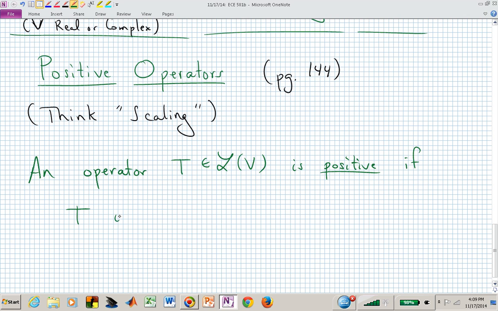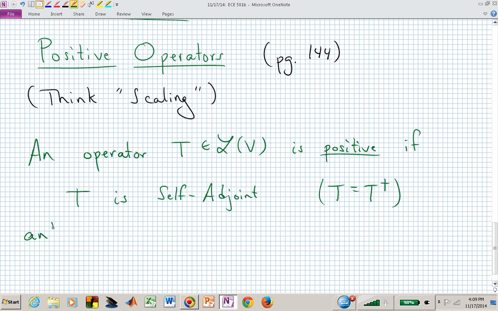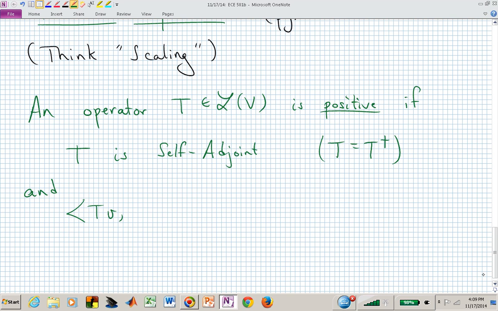If T, the operator, is actually self-adjoint, which simply means that T and T dagger are the same as far as operators are concerned, and if you operate on any vector V with that linear operator T and take the inner product of TV with V, so now you have let's say the input vector V and TV representing an output vector.